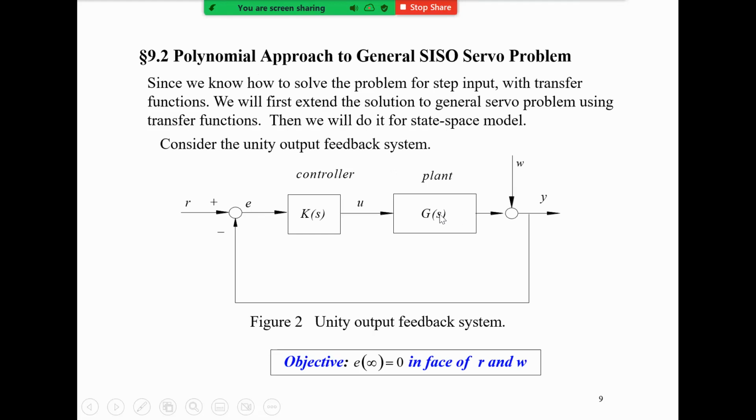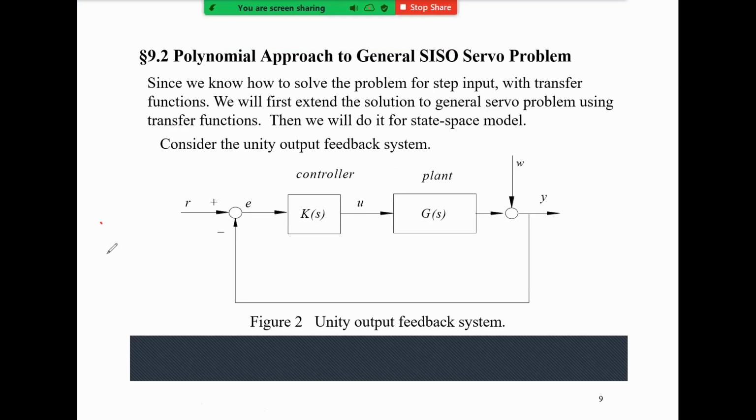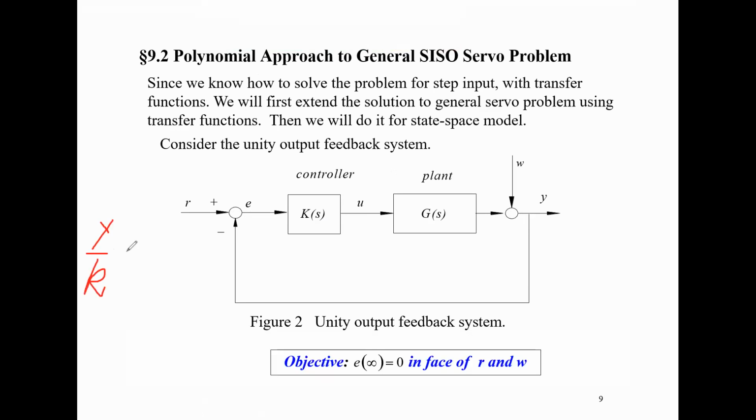Here is G, this is K. The numerator is the feed forward transfer function, so it's K times G. The denominator is 1 plus the open loop transfer function.